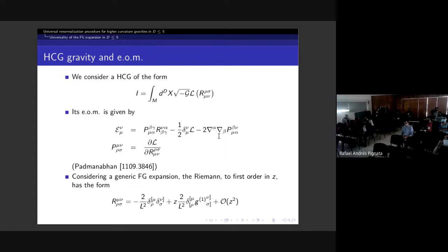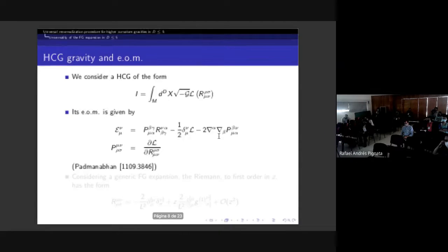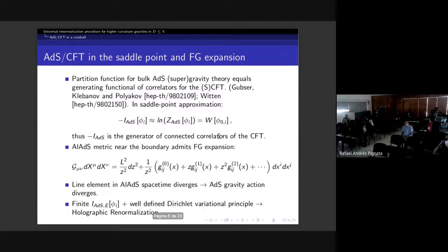just by considering symmetry, the Riemann tensor can be expanded in powers of the holographic coordinate. Maybe I should emphasize this a little bit better. This is a metric with one more bulk dimension. This one higher bulk dimension is what's called the holographic radial coordinate.